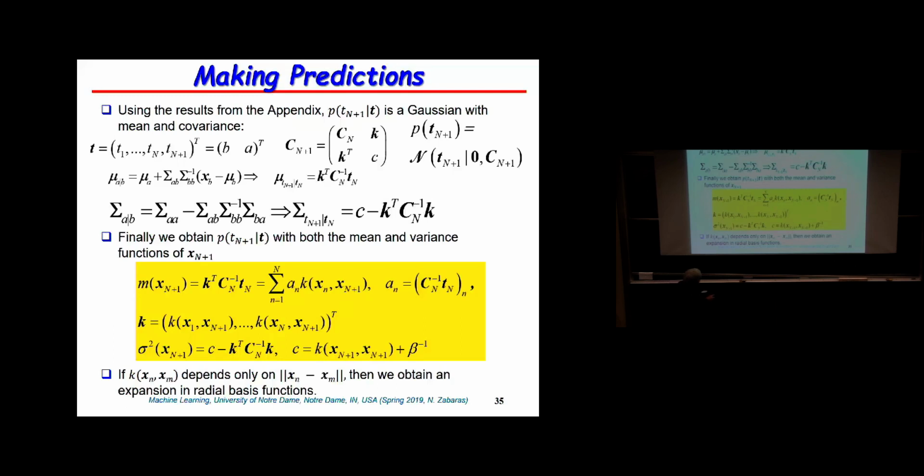If you look at this equation, do you know what the mean looks like? It looks like a radial basis function model, where you put a basis at every training point xn, and the basis here is really a kernel.